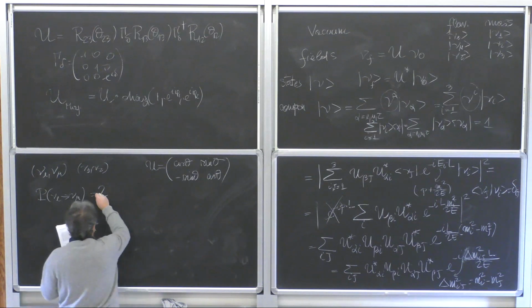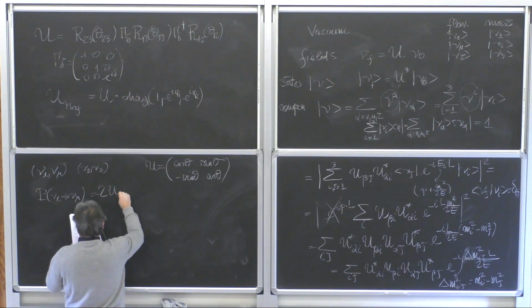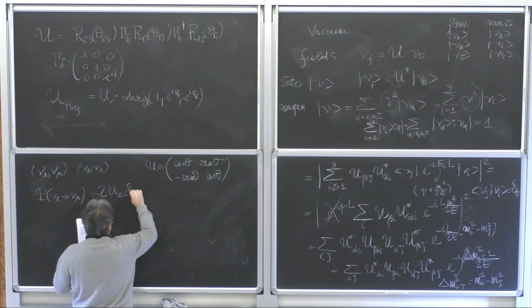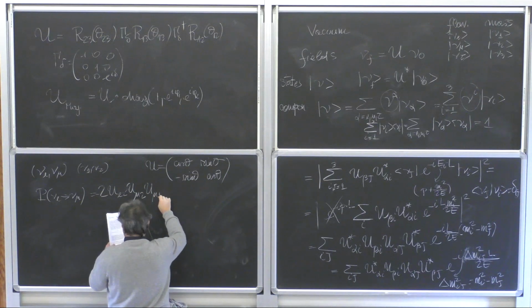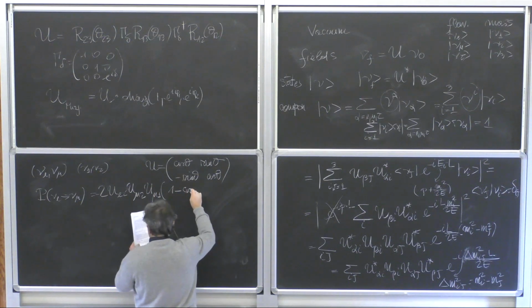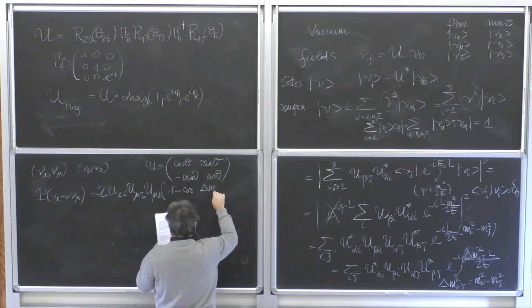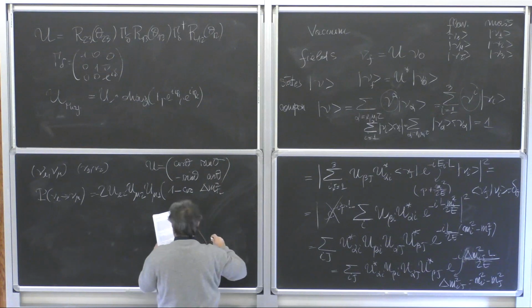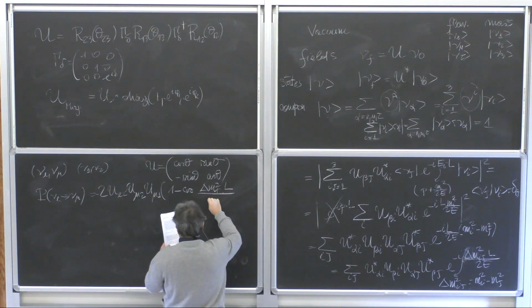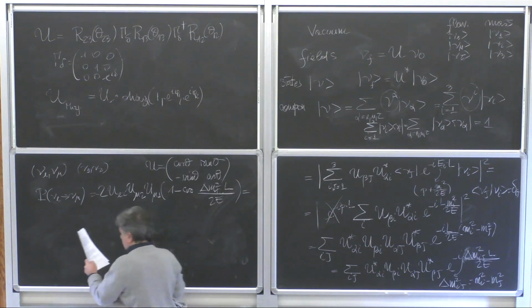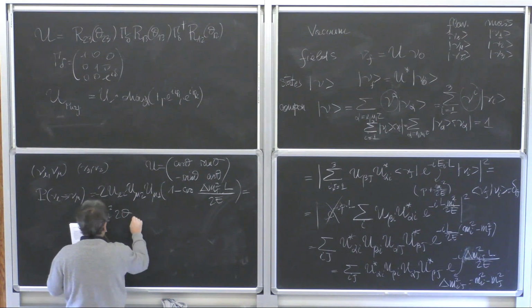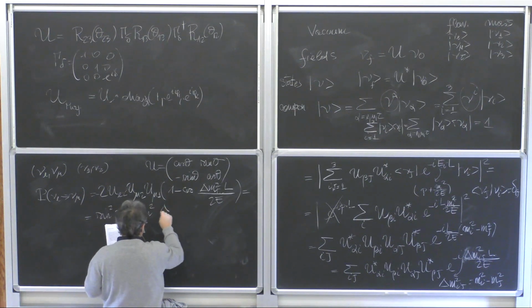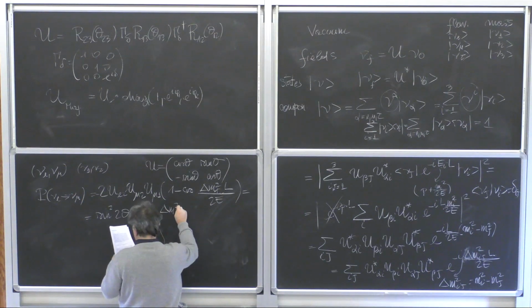And if you write minus 2 u e2 u mu 2 u mu 1, it can be calculated, it's not difficult to see that the two-flavor case gives sine squared 2 theta sine squared delta m squared L over 4E.